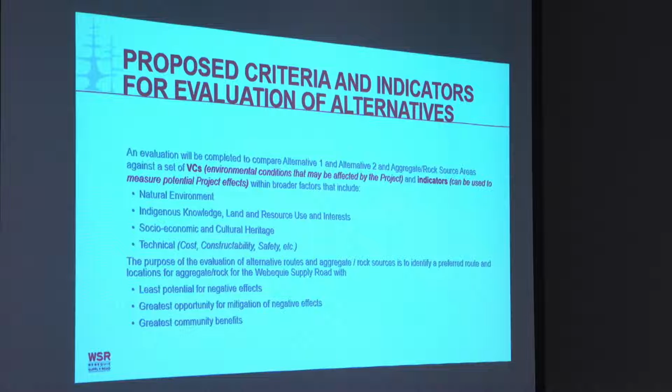It's natural environment, indigenous knowledge, socioeconomic, cultural heritage, the technical side of things, the cost to build it as well, how buildable it is, constructability. And then you're looking at the alternative that has the least negative effects, right? So there's a lot that goes into the evaluation of the alternatives.